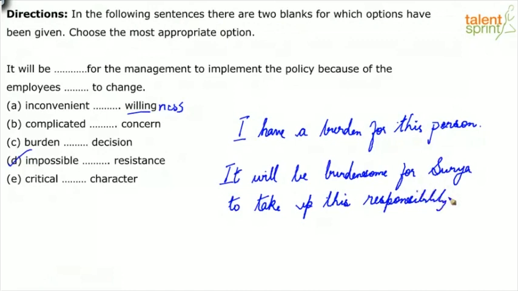So in this context, what am I saying? I'm describing the state in which Surya will feel if he takes up this responsibility. I need an adjective form. Following? That's fine. It's the same thing, Surya. So if you know that, boss, this is what I need.